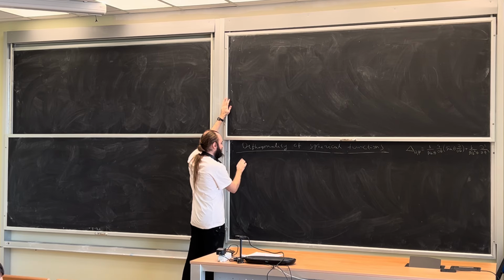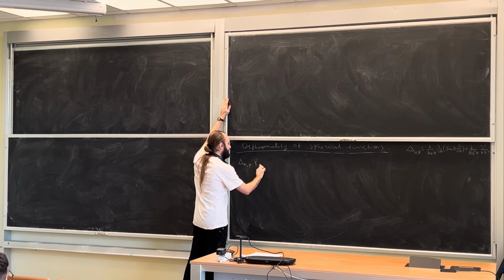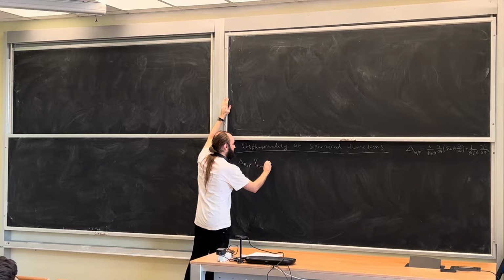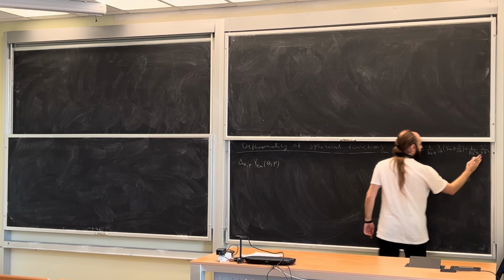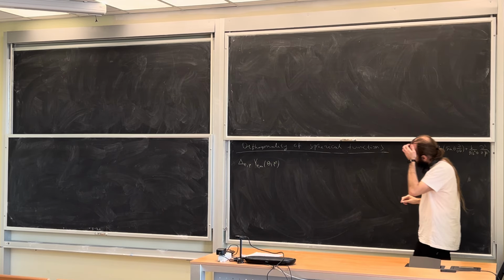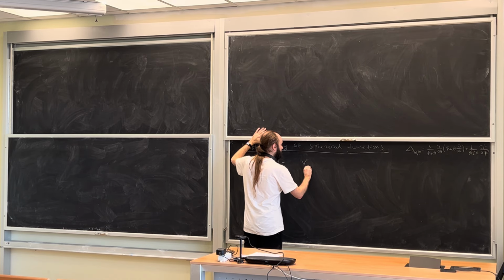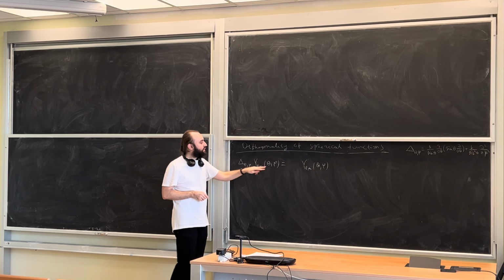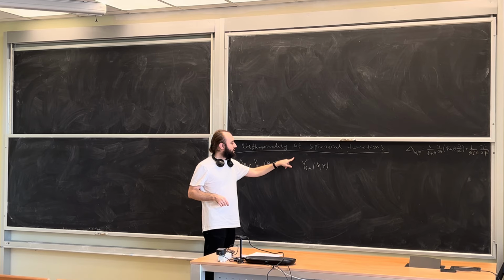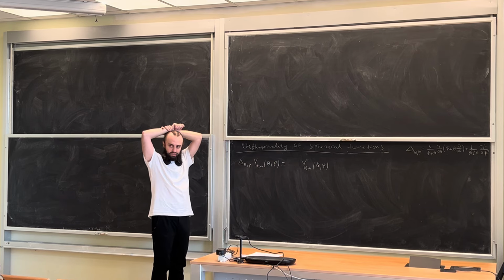So the code Y_LM of theta and phi. Maybe let's use this phi. So there was some eigenvalue. So there are two questions: the first is what this eigenvalue is, and the second is how to write a general formula for Y_LM.